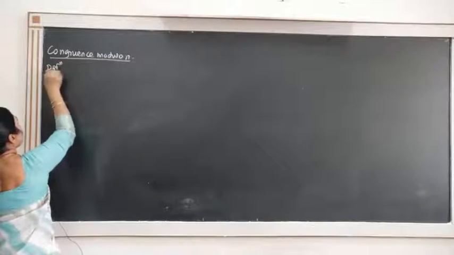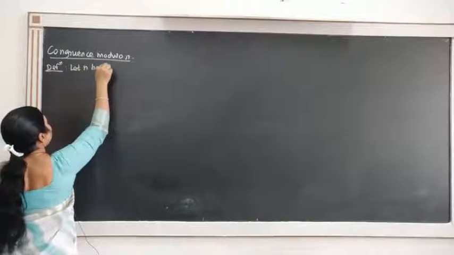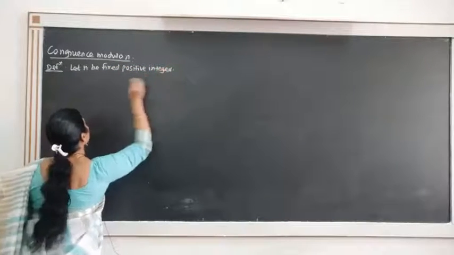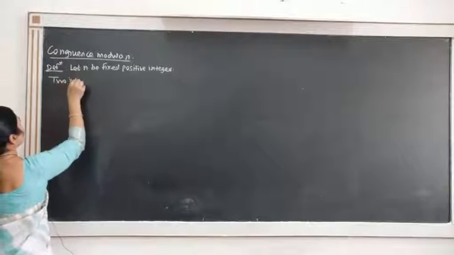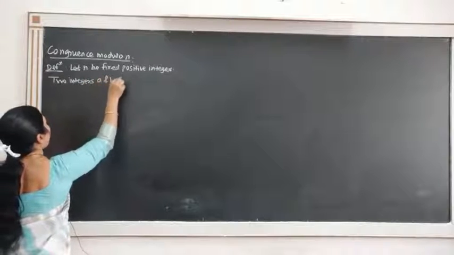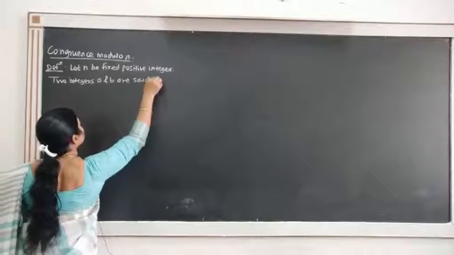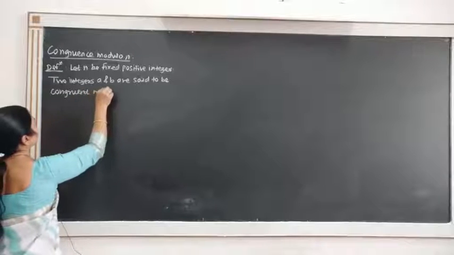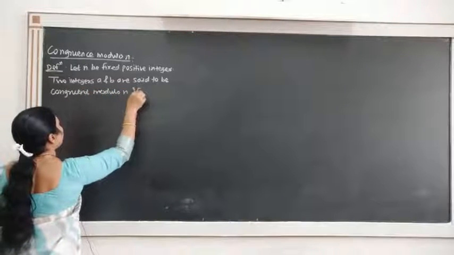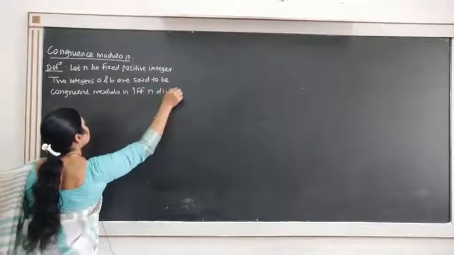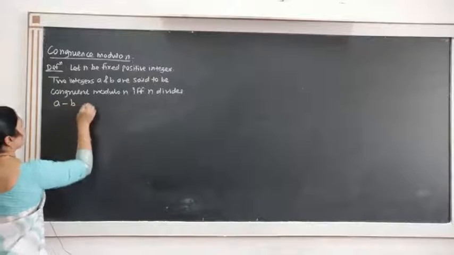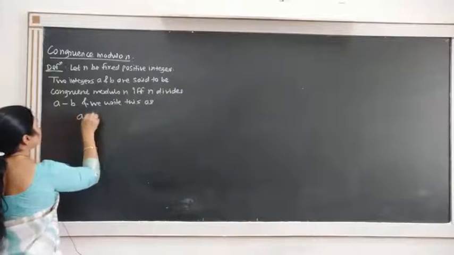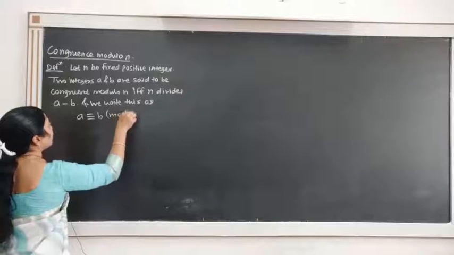Let n be a fixed positive integer. Two integers a and b are said to be congruent modulo n if and only if n divides a minus b, and we write this as a is congruent to b modulo n.